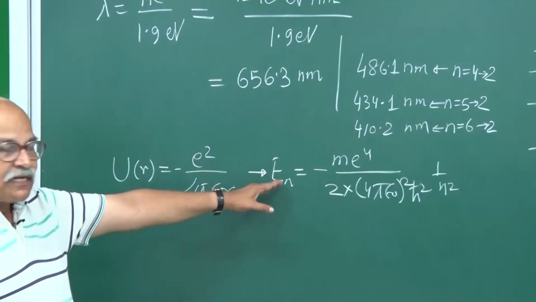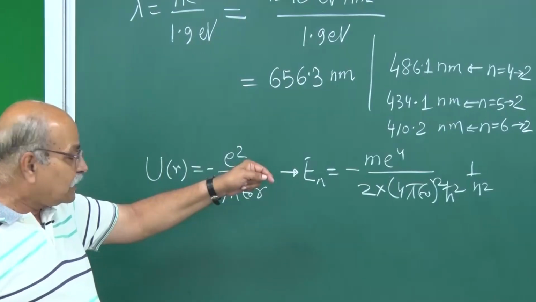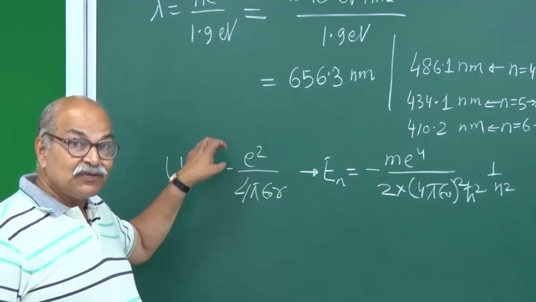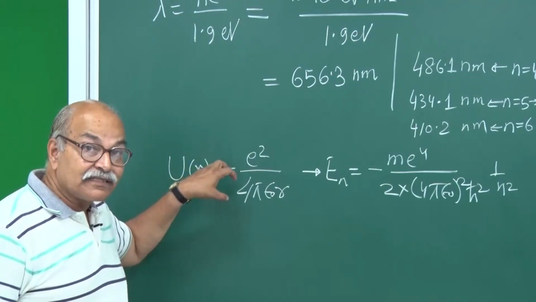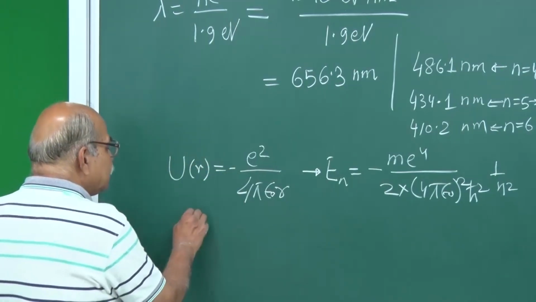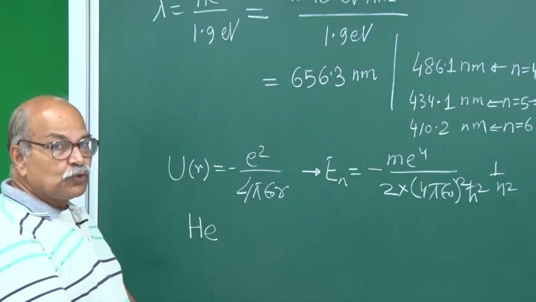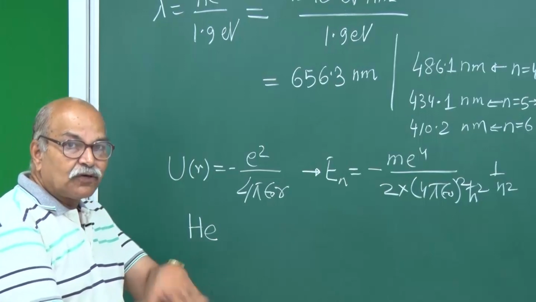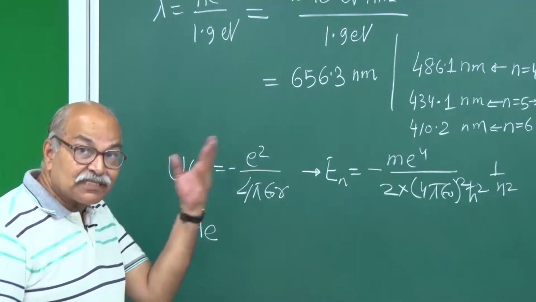And not only that, if you have one electron and more than one proton in the nucleus, which we call hydrogen-like ions. For example, the helium nucleus has 2 protons and 1 or 2 neutrons, so 2 protons here and 2 electrons in the atom.